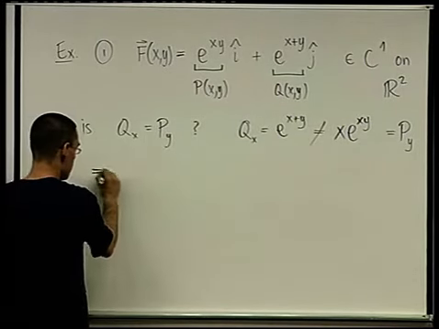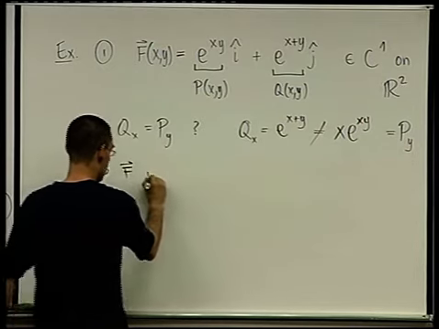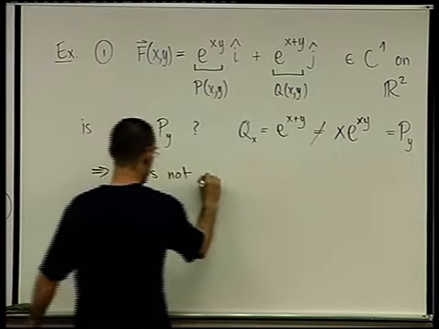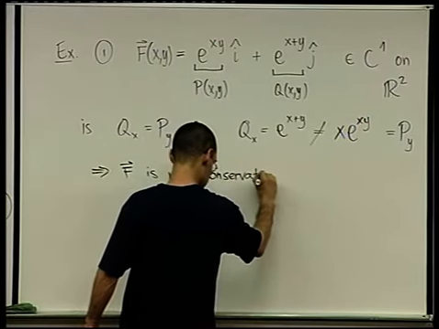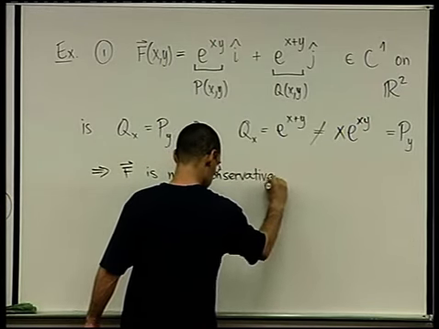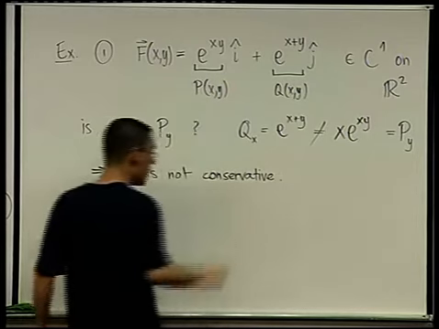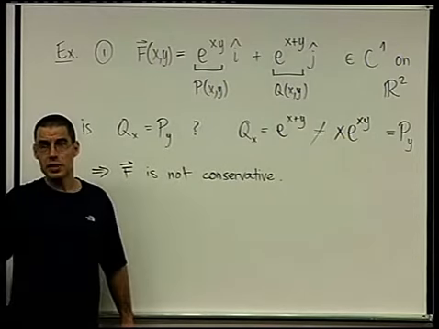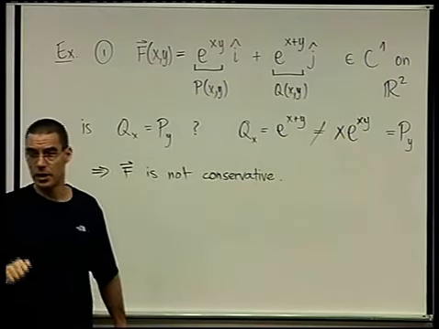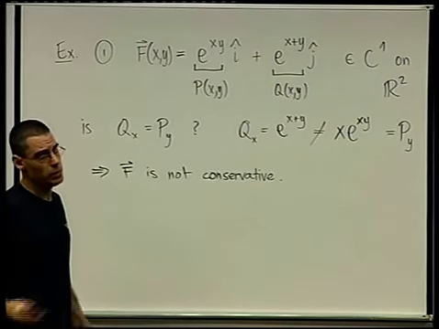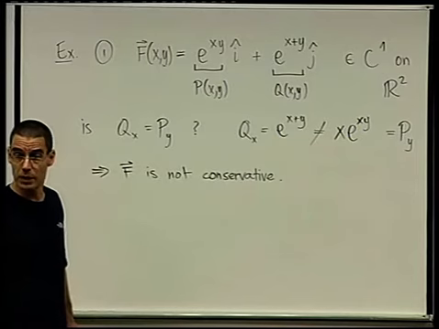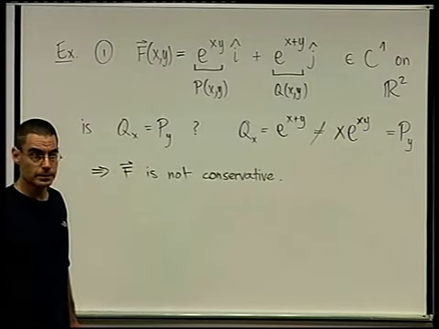And the conclusion is that f is not conservative. And therefore, the power of this theorem is irrelevant to this f. If somebody asks us to calculate some integral of this field, some line integral, we'll just have to do it the usual way. Okay, clear? Okay.